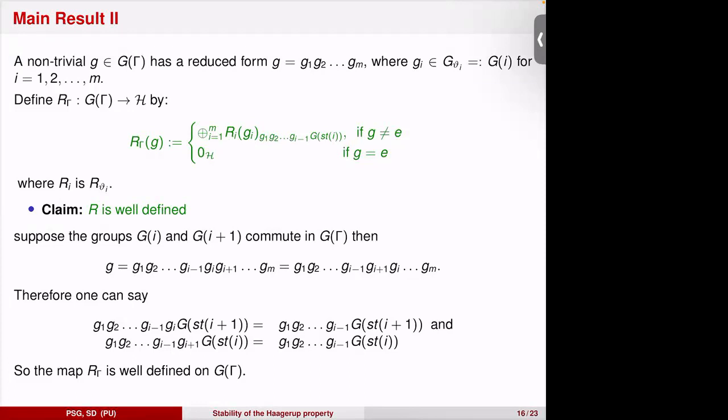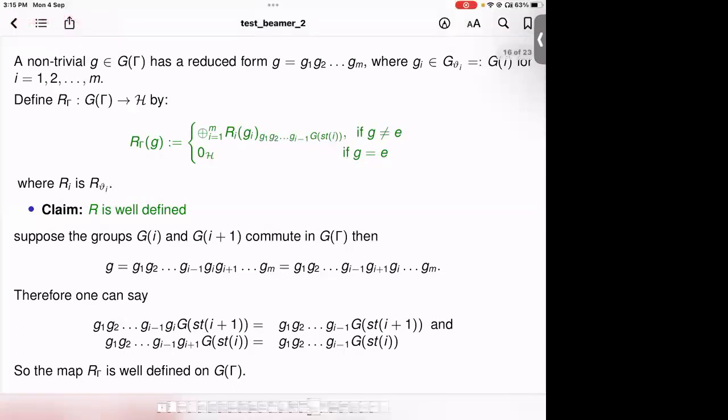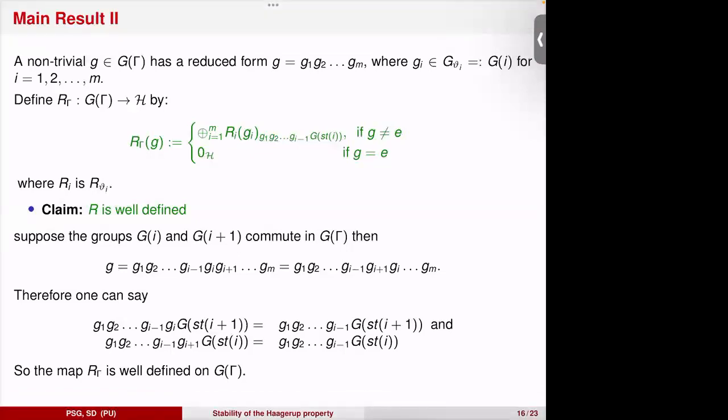Then you apply the R_vi's, that is the map coming from the vertex group, R_vi on the gi portion. And here in the green, it is written g1, g2, ..., g_{i-1} G_St(vi). This basically mentions the position of the vector.